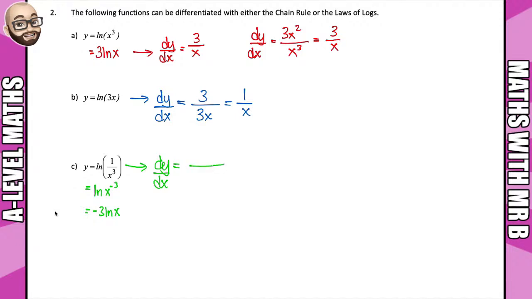Or we could keep it and write it as the denominator is going to be x to the minus 3, and if we differentiate that, we're going to get a minus 3 x to the minus 2, and then similar to what we had earlier on, some of these x's are going to cancel out, and we're still going to get left with minus 3 ln x.